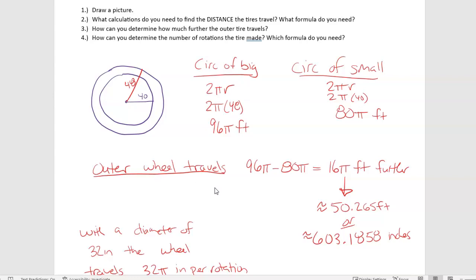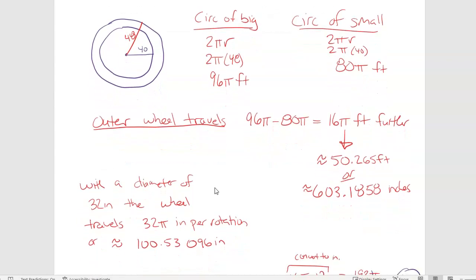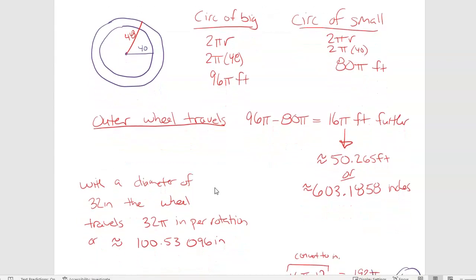You could also convert that to approximately 50.265 feet further if you didn't want to have the pi, or multiply that by 12 to find out how many inches: 603.1858 inches. Now, what I did was I figured out the distance a tire would go rotating one full time.